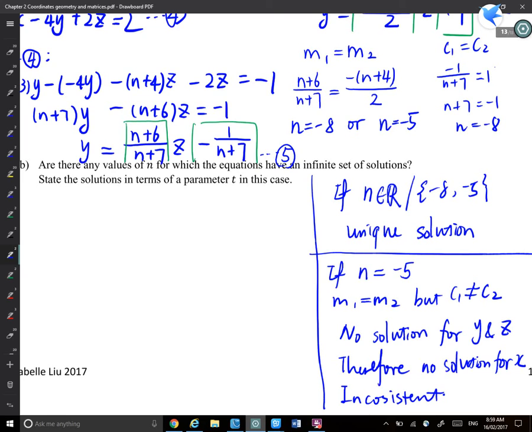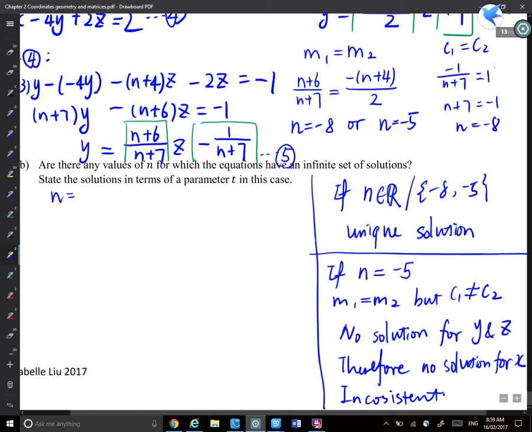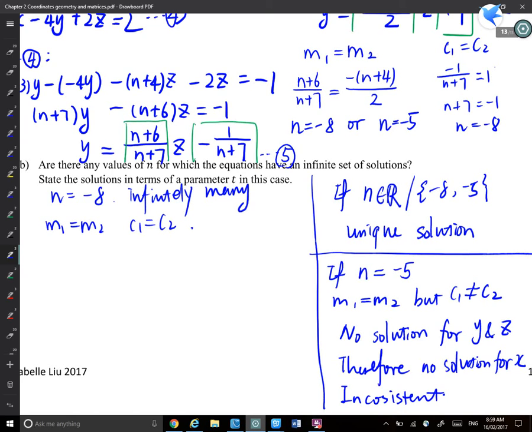Okay, the last one is n equals to minus 8. If n equals to minus 8, there will be infinitely many solutions. Why will there be infinitely many solutions? n equals to minus 8 gives you two gradients equal and C1 also equals to C2. The C values are equal, so you get the same gradient and same y-intercept.